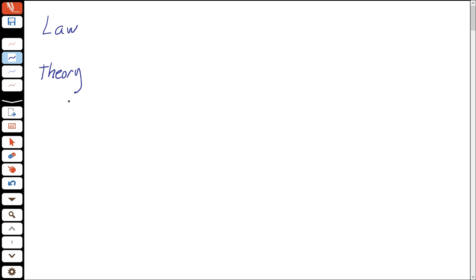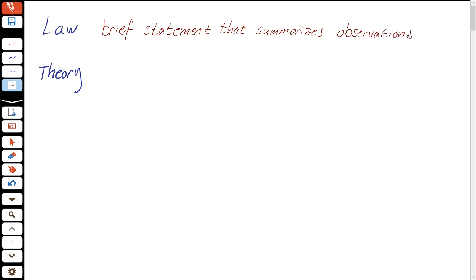So for instance, law. There's a very specific definition for what we call a scientific law, and it is a brief statement that summarizes observations and can be used to predict future ones.